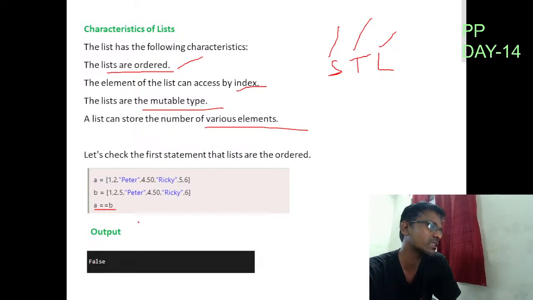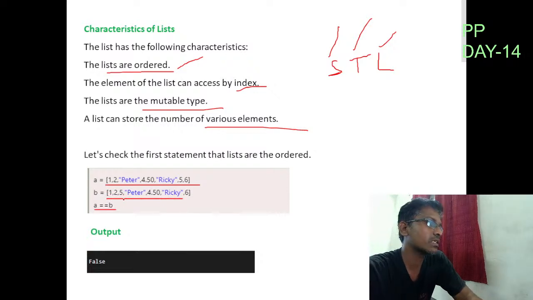In this example, A is not equal to B. Why? Because in this example the elements are in order, whereas in this example the elements are not in the same order. So that's why it produces the output False.